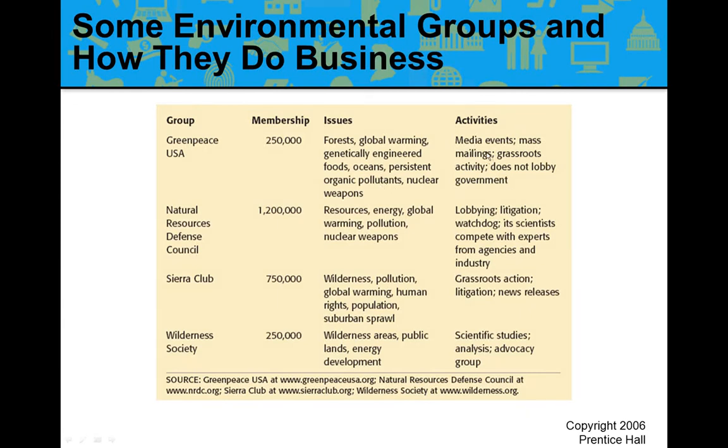They tend to do a lot of grassroots activity, a lot of media, but you don't see them paying a lobbyist to go into Washington, D.C. The National Resource Defense Council does lobby. They do litigate. They have scientists on their staff to provide witness testimony in Congress. And again, the Sierra Club, as I mentioned before, and then there's the Wilderness Society.